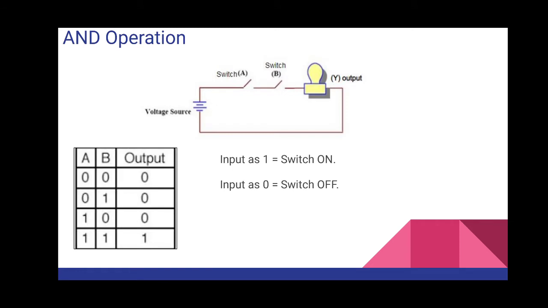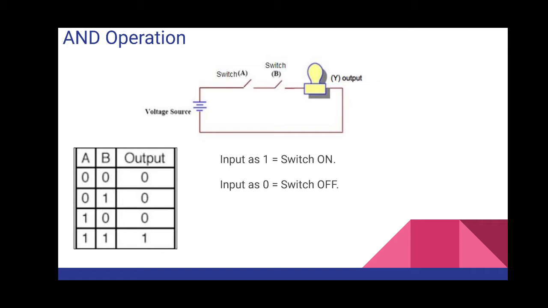So we will understand these operations using an example which consists of an electrical circuit. Here in the diagram you can see there is an electrical circuit, and we need to give some input to that circuit, and we will observe the output, as in the output of the bulb. In the circuit there is a battery, that is the voltage source we are giving, right?